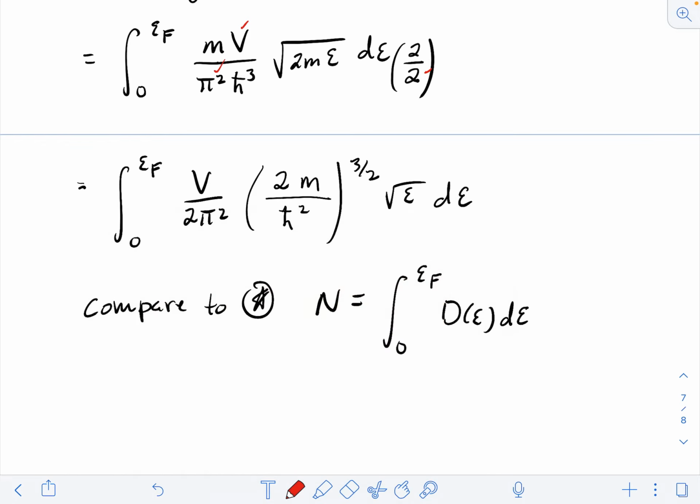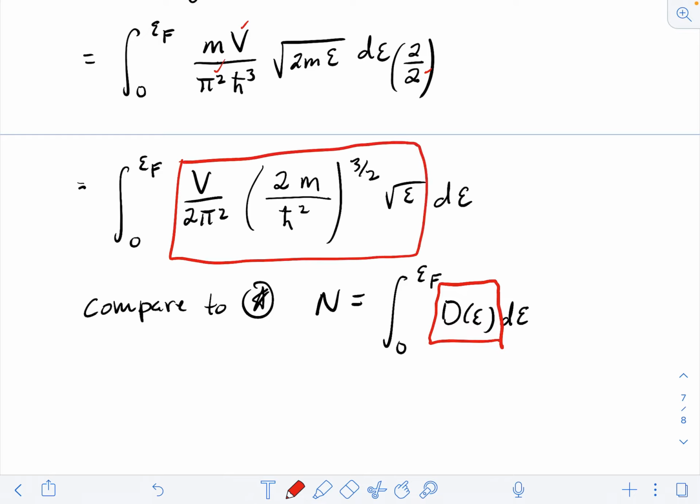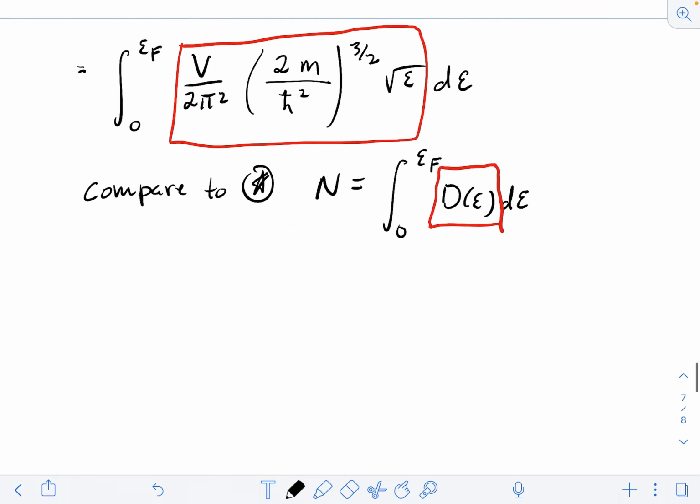And so these two integrals have the same form, and so it must be that the density of states D of epsilon corresponds to everything in the argument of the other integral, because they're both expressions for n, the number of particles.